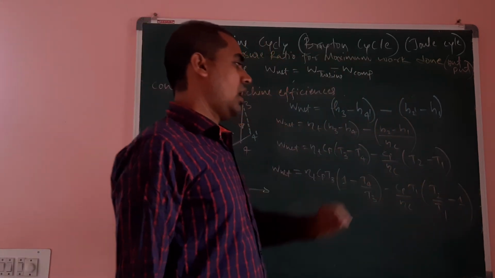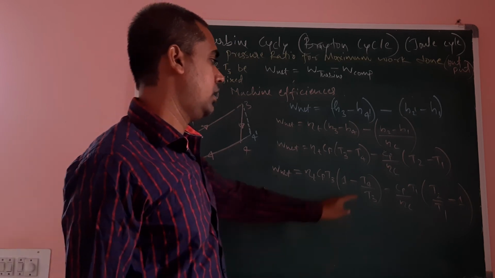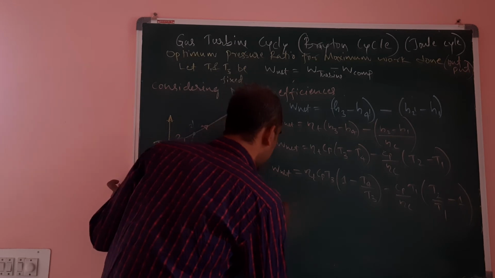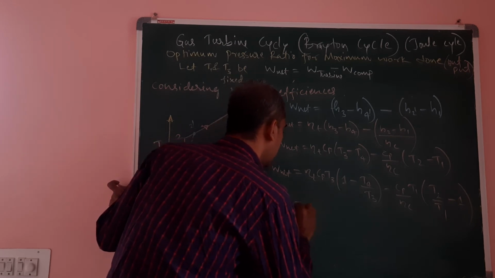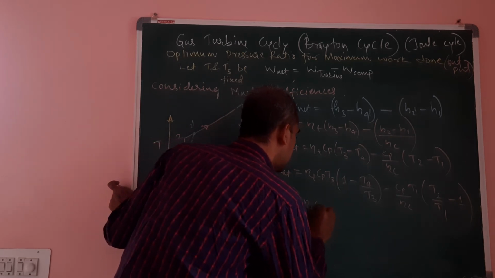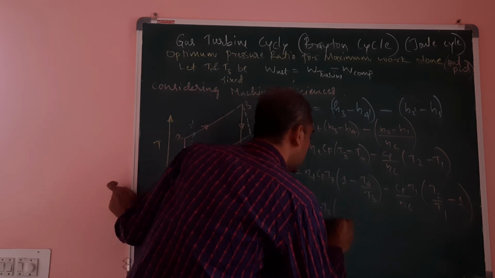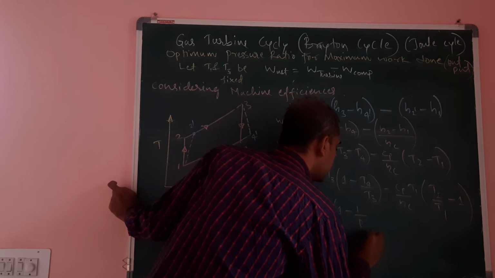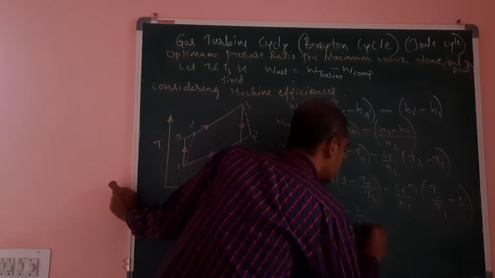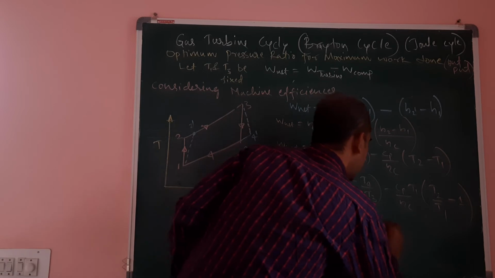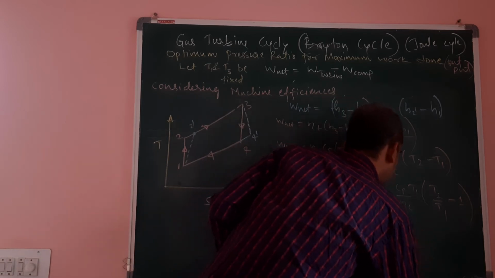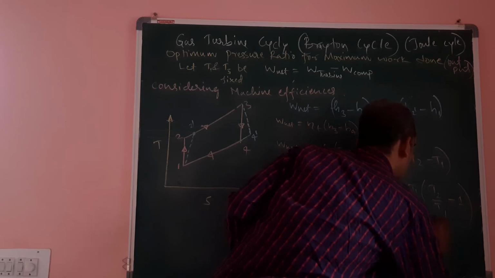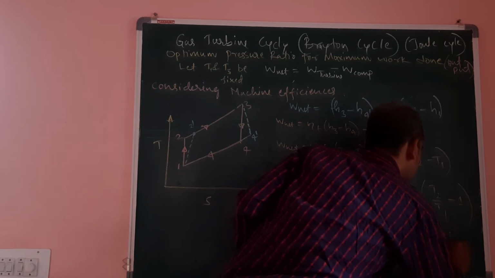T2 by T1 is equal to Rp raised to gamma minus 1 by gamma, and T4 by T3 is equal to 1 by Rp raised to gamma minus 1 by gamma. Therefore, W net I can write as eta of T into Cp into T3 into 1 minus 1 divided by Rp raised to gamma minus 1 by gamma, minus of Cp into T1 divided by eta of C into Rp raised to gamma minus 1 by gamma minus 1.